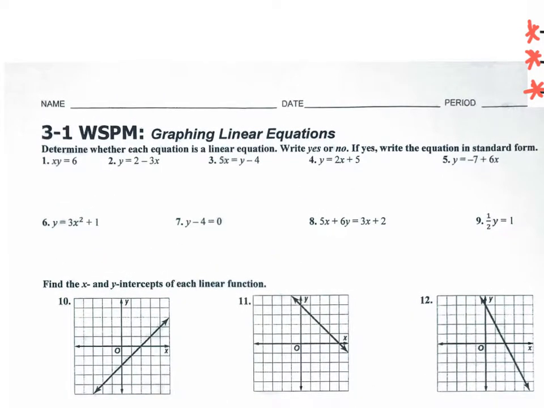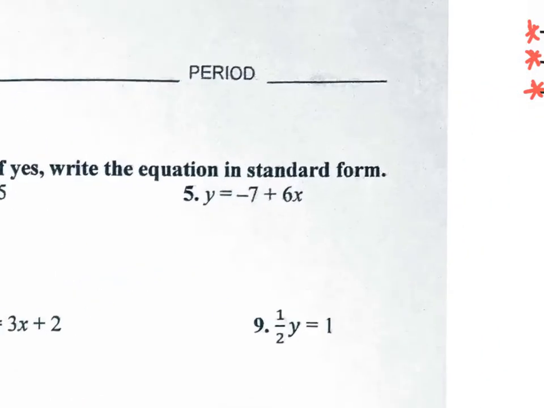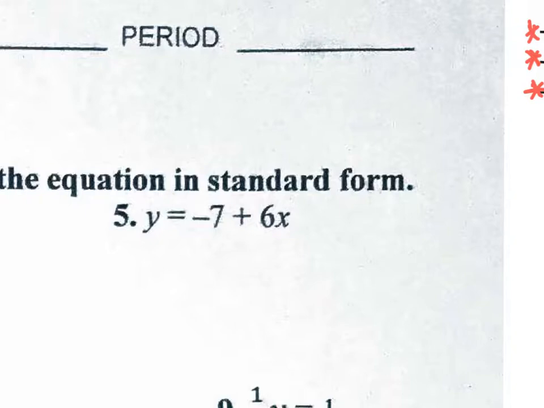It says determine whether each equation is linear or nonlinear, right? And if it is linear, you say yes, and then rewrite your equation in standard form. So we need to remember what standard form is. Once again, what is standard form, anybody?